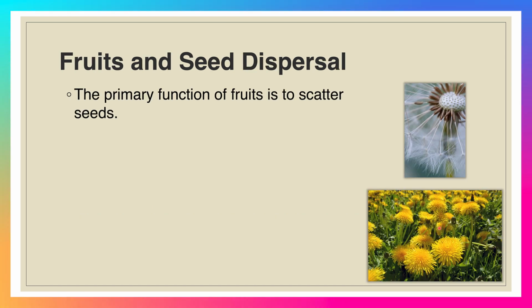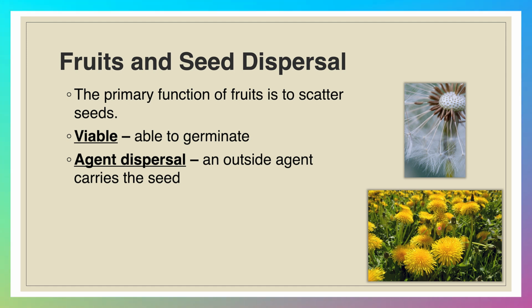Now, the primary function of fruits is to scatter the seeds. The seeds need to be scattered and viable when they're scattered so that they can germinate. There are two kinds of dispersal. There's agent dispersal, which means an outside agent carries the seed. Example of this is shown here.